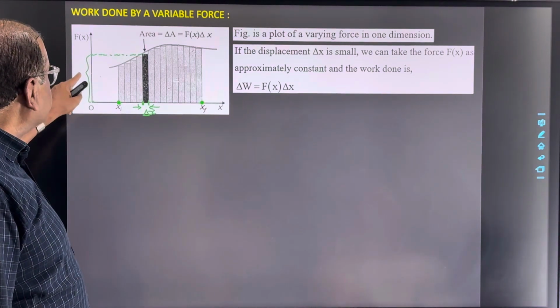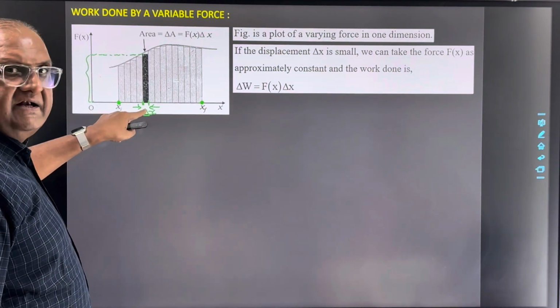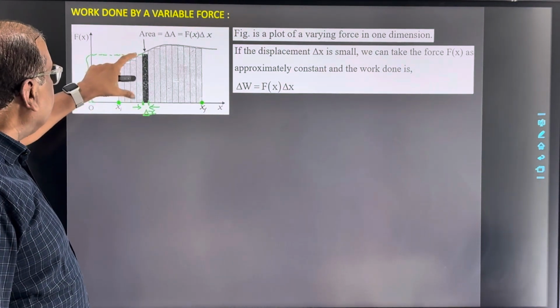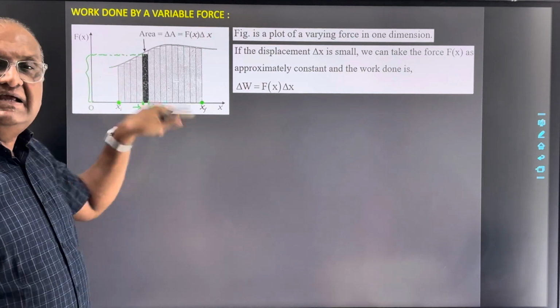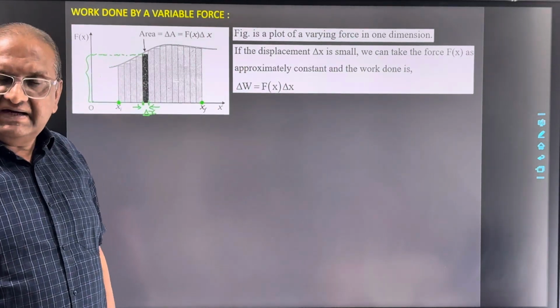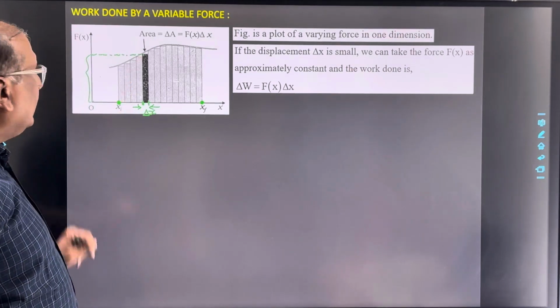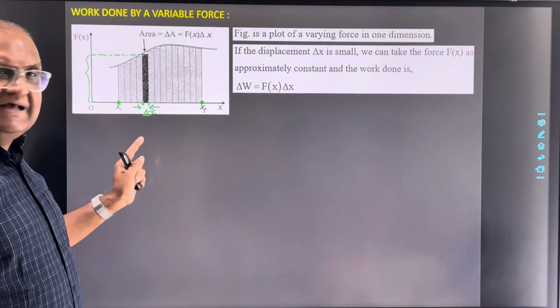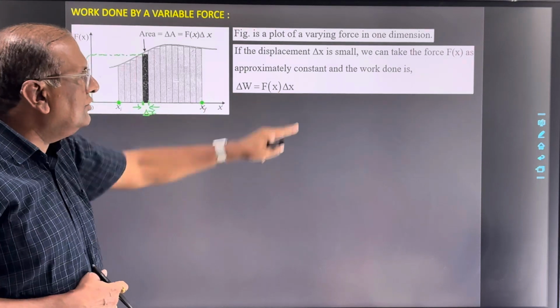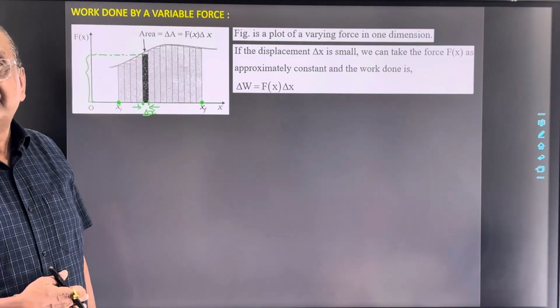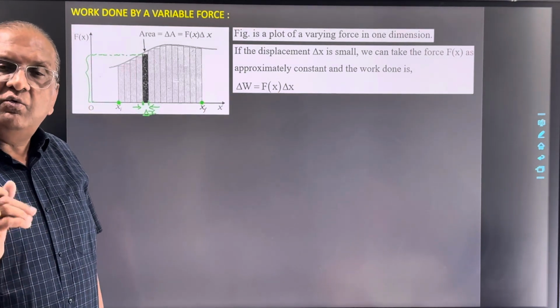So this is the force into delta x. So actually that is height into width. So that is the area of the strip. So here in this particular case we can say this area is actually nothing but force into displacement, and that is equal to work done.